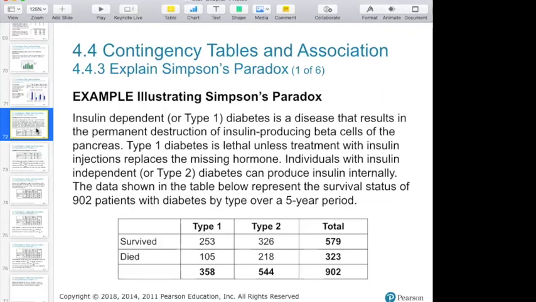Here's our, let's see, type. Oh, we've changed our information. We've got insulin dependent type 1 diabetics, and then we've got individuals.